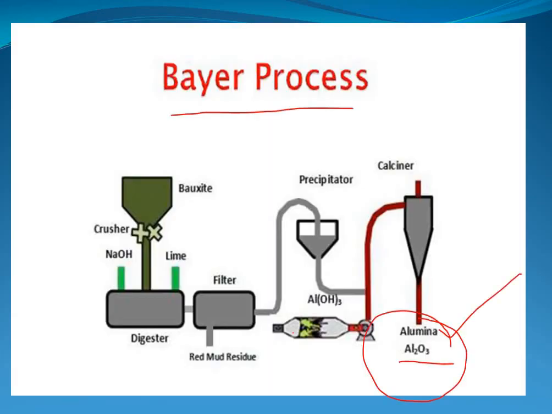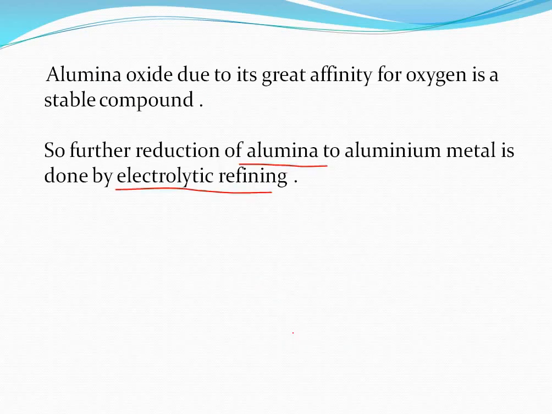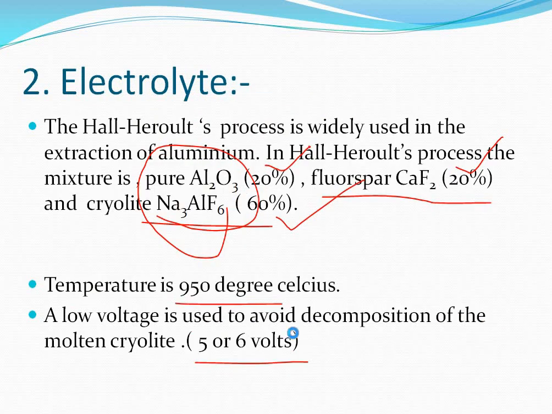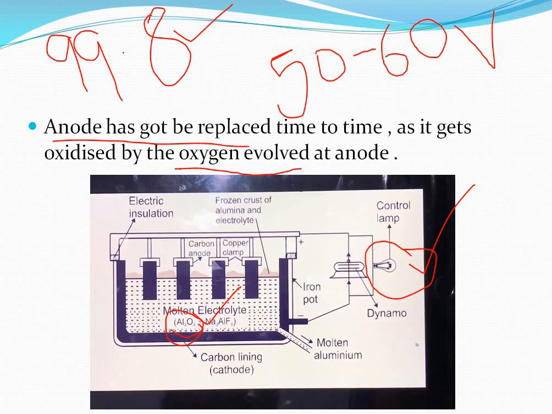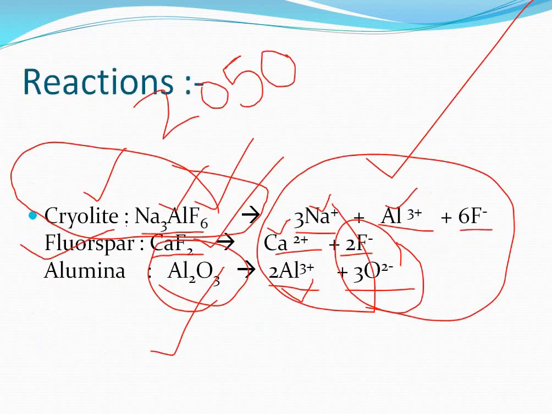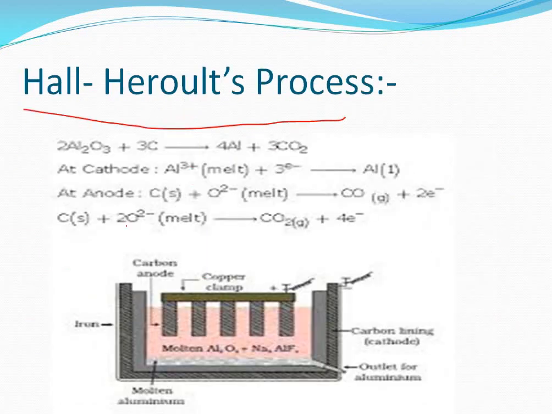In this process the aluminium metal we get is 99.8% pure, right? That metal can be used for many purposes, and many aluminium products we are getting nowadays. We already did what the uses of aluminium metal are. Okay, I hope this process is very clear to you all.